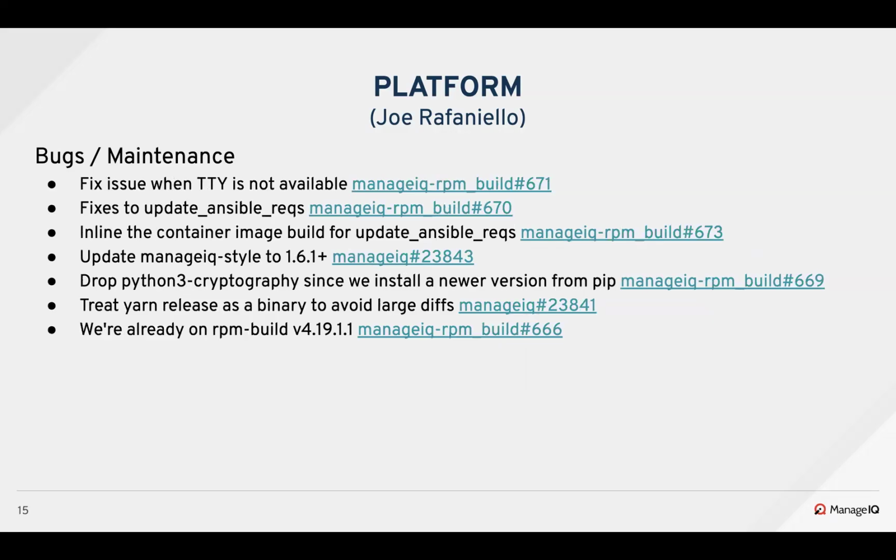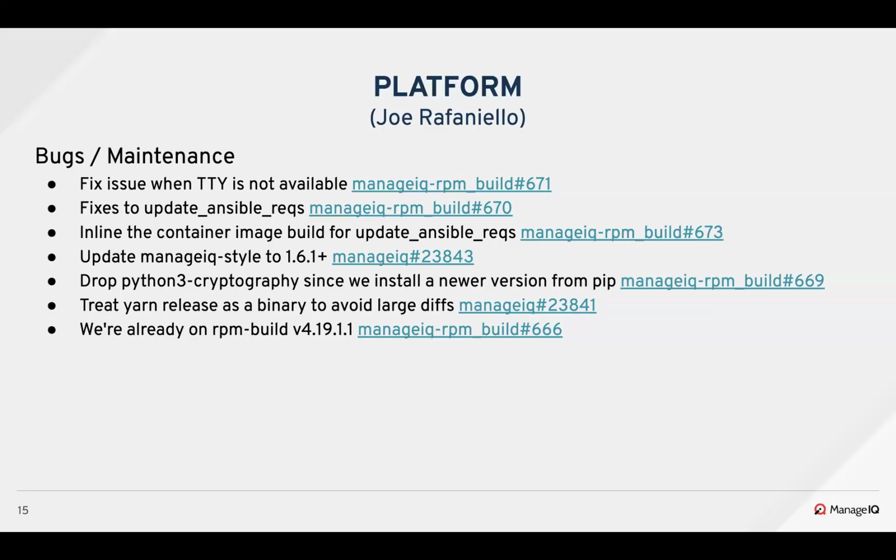Continuing on for bugs and maintenance. Jason had several fixes here. He fixed an issue when TTY is not available. He had other fixes for the update Ansible requirements. He inlined the container image build, also for the update Ansible requirements, and he updated ManageIQ style in RPM build.